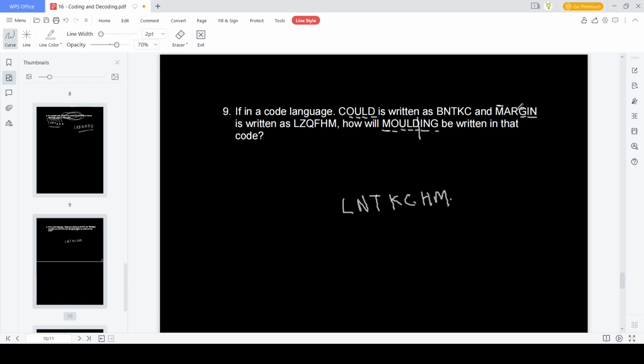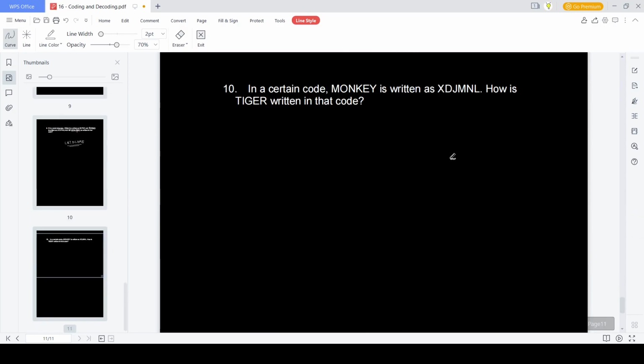And G is at the end. G is written as F. So this is the code in the new language. There's no +1, no jumping. You can simply find every letter of the code they're asking in the given information. That's all.